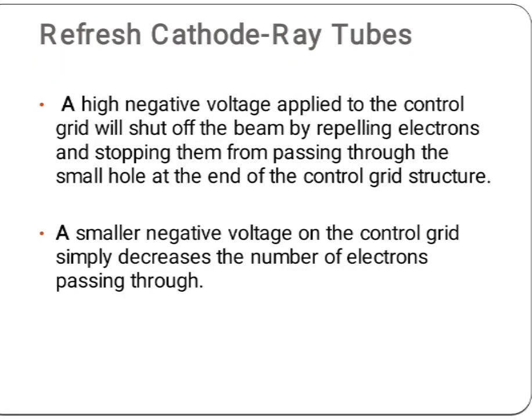A high negative voltage applied to the control grid will shut off the beam by repelling electrons and stopping them from passing through the small hole at the end of the control grid structure. A smaller negative voltage on the control grid simply decreases the number of electrons passing through.